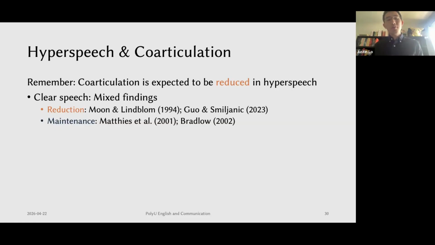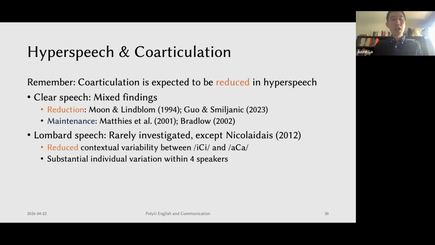There is the expectation that coarticulation is reduced in hyperspeech, including Lombard speech. But we have seen quite mixed findings looking at different kinds of coarticulatory phenomena in the literature. In some cases we do see reduction, in other cases a general maintenance of coarticulation.